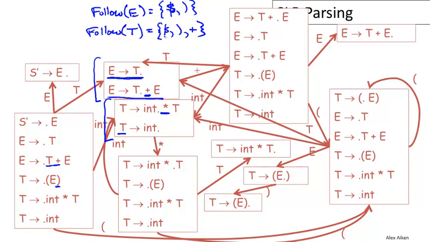But those are the only things in the follow of t. And so now we're going to reduce only if we're out of input or if the next input item is a closed paren or a plus, and there's also no longer any shift-reduce conflict in this state. And so this grammar is an SLR1 grammar.